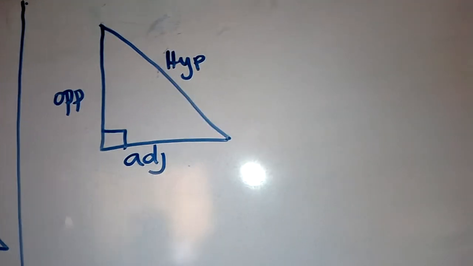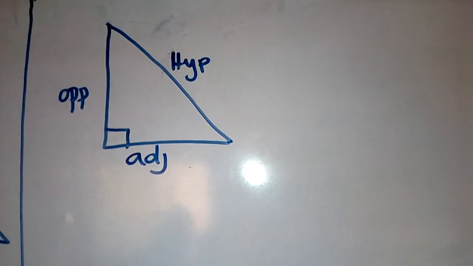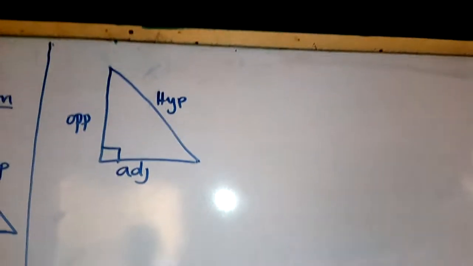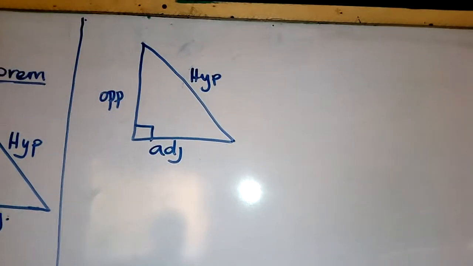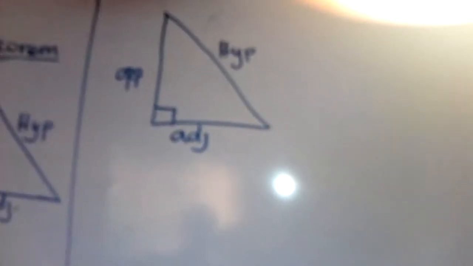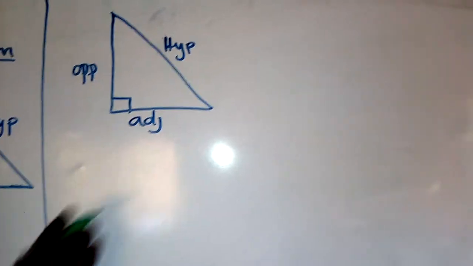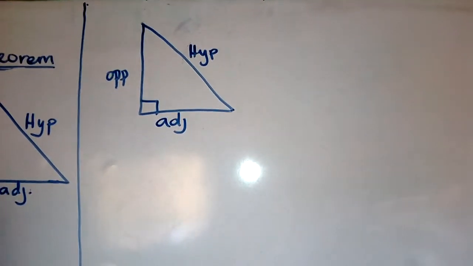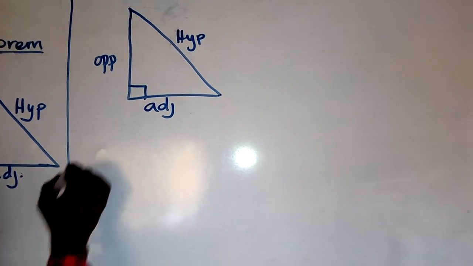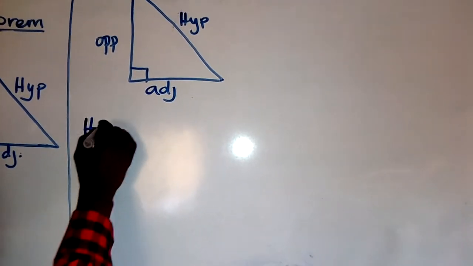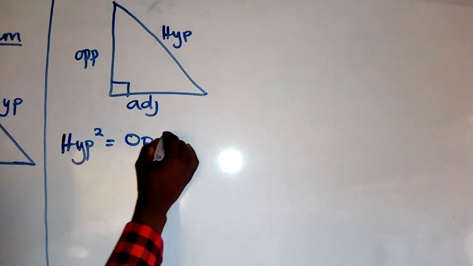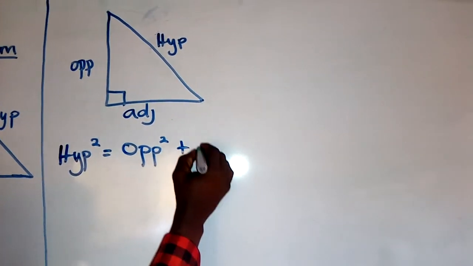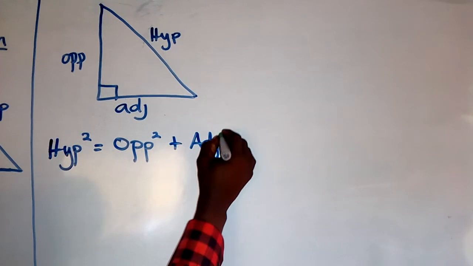Now we want to look at the formula for Pythagoras theorem. The formula for Pythagoras theorem states that your hypotenuse square is equal to your opposite square plus your adjacent square.